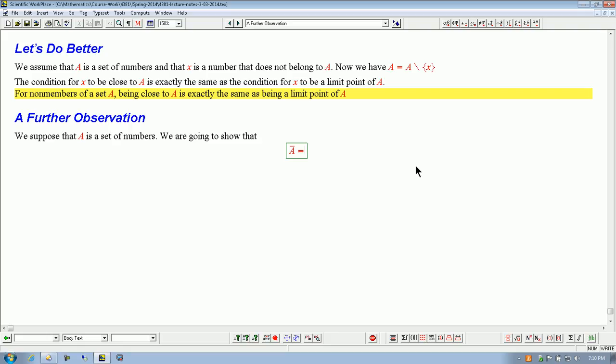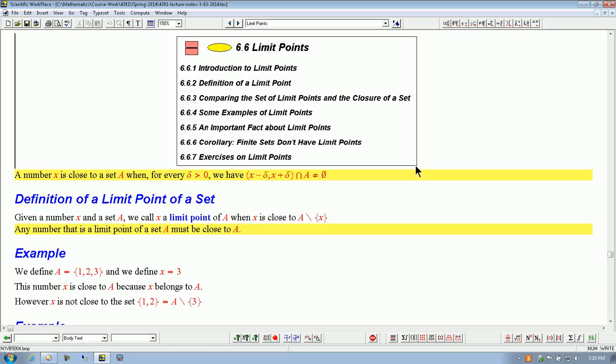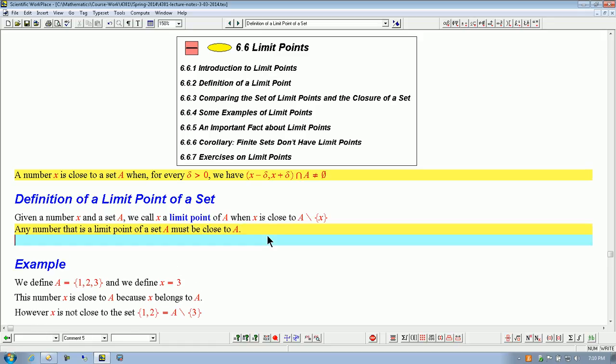Oh, I forgot to tell you something. I need notation. So sorry, I forgot to tell you the symbolism. The set of all limit points of a set A is written, open quote, the set of all limit points of the set A, close quote.